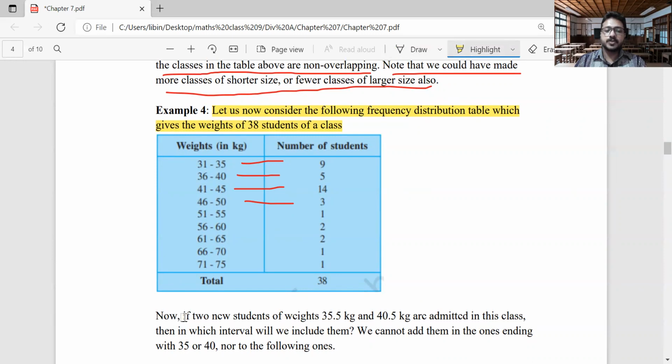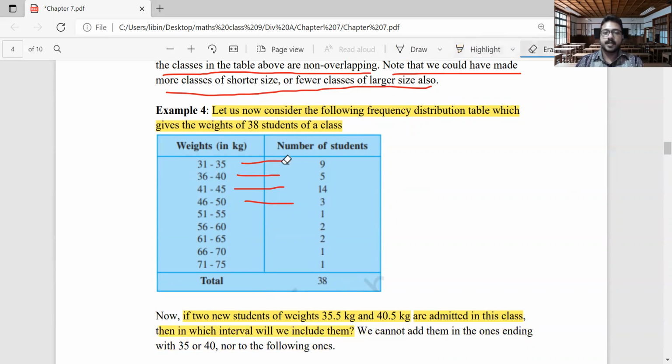Now suppose 2 new students of weights 35.5 kg and 40.5 kg are admitted in this class, then in which interval will we include them? That is our question.